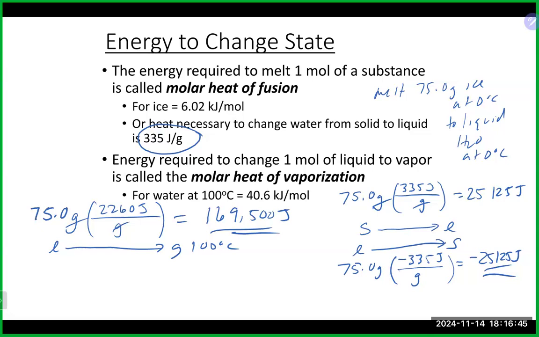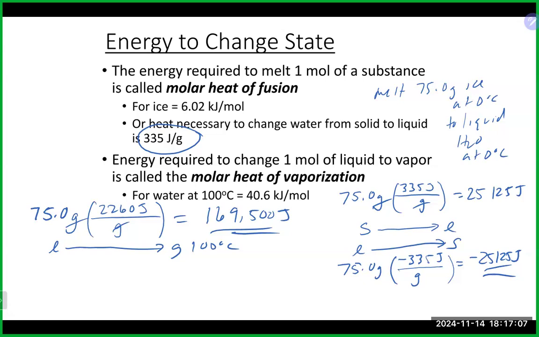Obviously, if you're going from gas back to liquid, the same calculation is negative, and you would end up with negative 169,500. So it always takes a lot more energy to do that transition at the boiling point than it does at the melting point. Any questions on that?